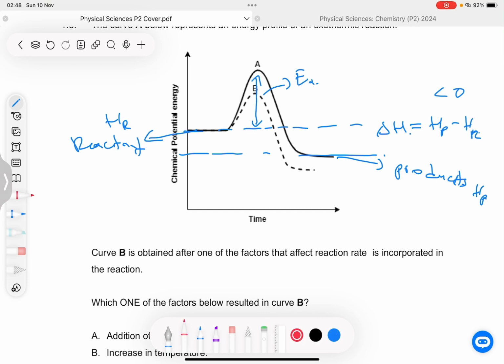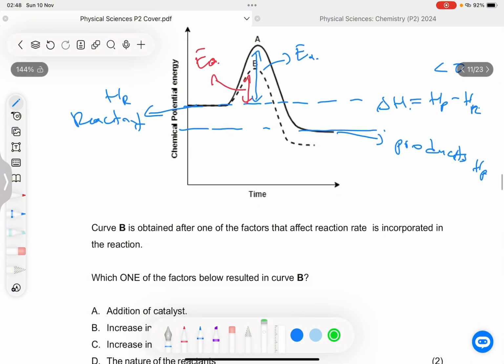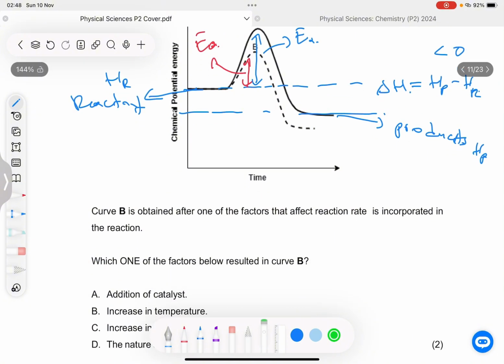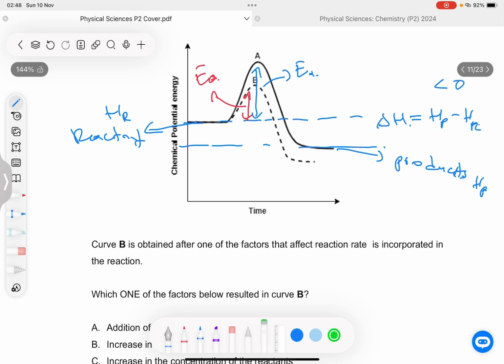Now, if you look at the second scenario on B, from here to here, our activation energy has become small. The activation energy has been reduced compared to when we were at A. The activation energy could reduce if you put a catalyst. Why? Because a catalyst, remember, speeds up a reaction.